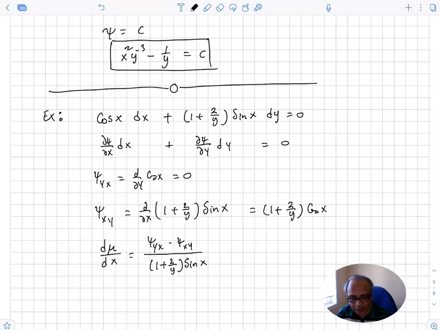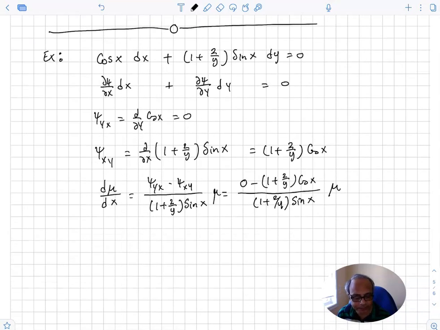I'm differentiating with respect to x on the left hand side, so I have to order in the other direction, yx minus xy, and psi yx is just 0 minus xy is 1 plus 2 over y cos of x, and divided by 1 plus 2 over y sine of x.